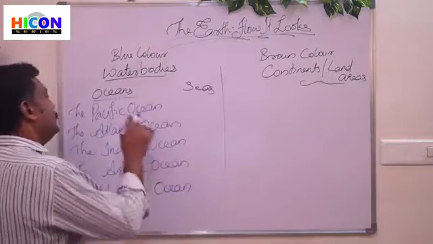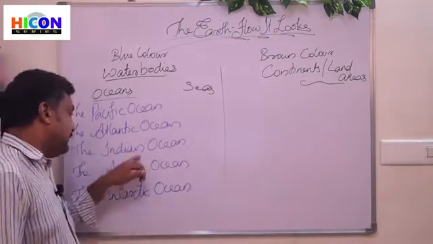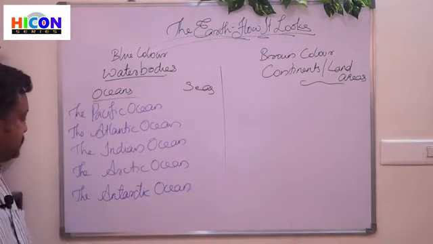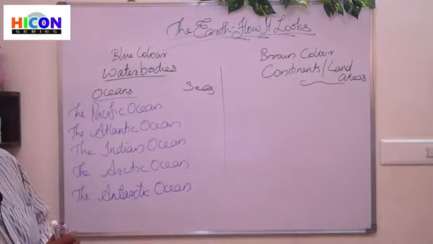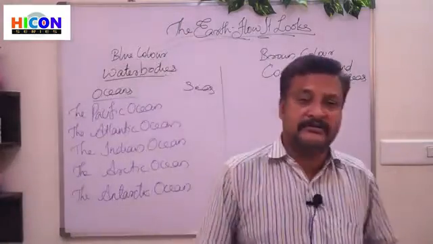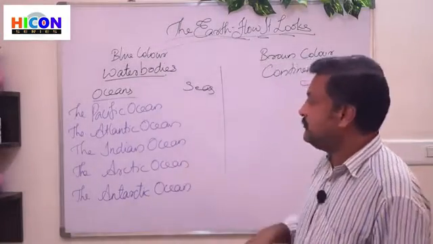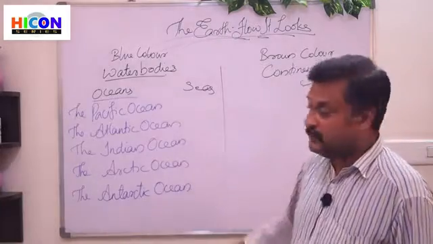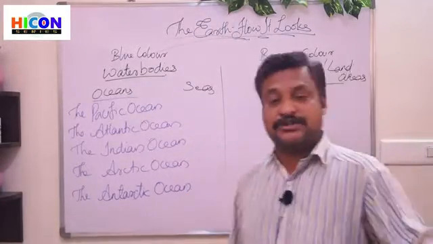Okay, so the Pacific Ocean, the Atlantic Ocean, the Indian Ocean, the Arctic Ocean and the Antarctic Ocean. Right? So which are the 5 oceans that we have on this earth? The Pacific Ocean, the Atlantic Ocean, the Indian Ocean, the Arctic Ocean and the Antarctic Ocean.